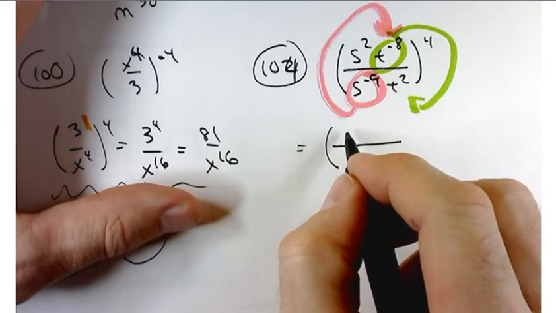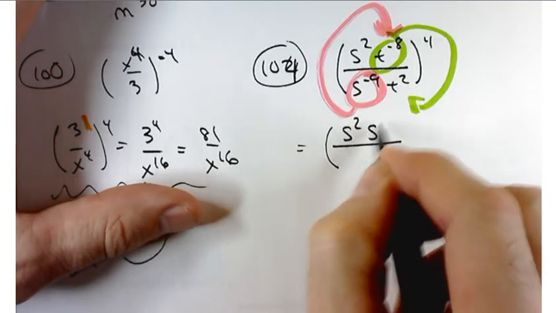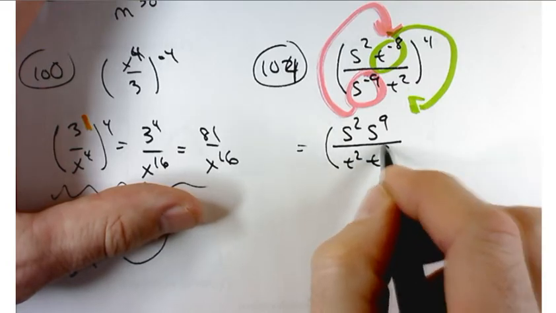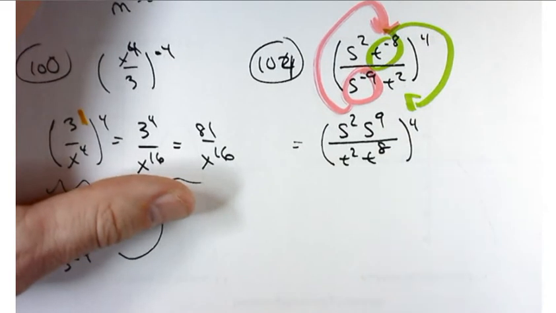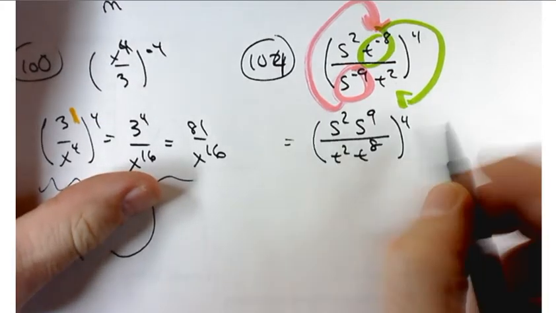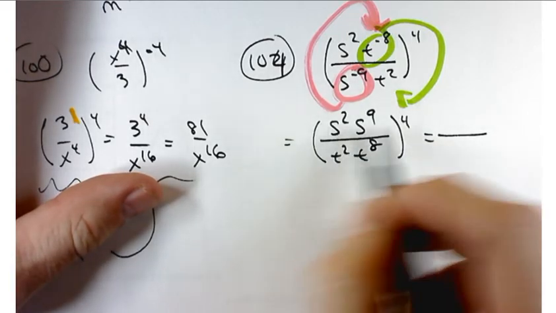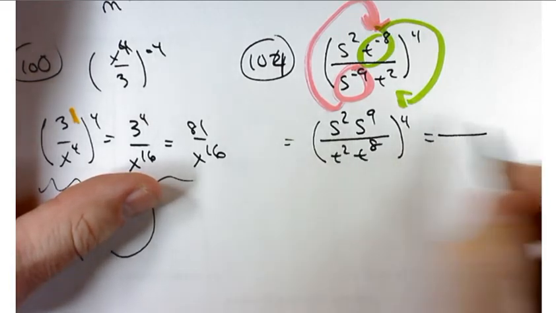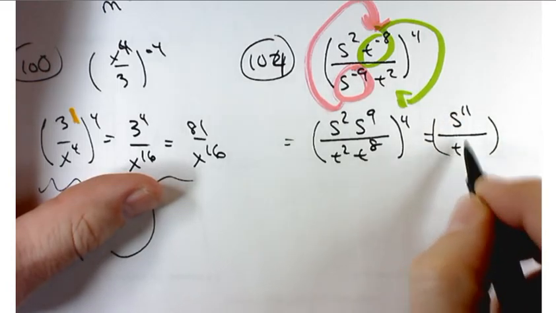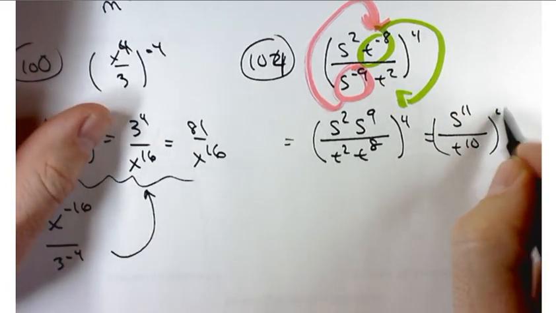So I get s to the 2nd, s to the 9th over t to the 2nd, t to the 8th, raised to the 4th power. So when we multiply things with the same base, you add their exponents. I get s to the 11th over t to the 10th raised to the 4th power.